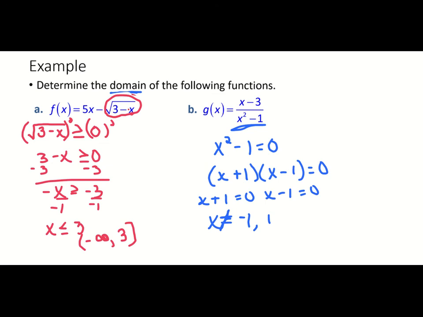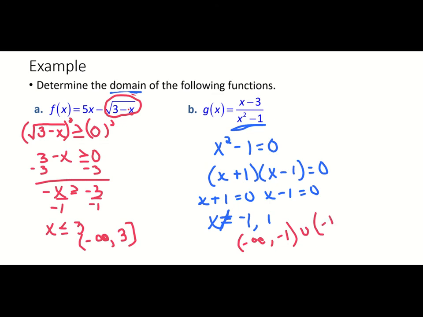Now, if they ask you to write this in interval notation, it's going to be a little tricky, but x cannot be negative 1 or 1. So it can be any number smaller than negative 1. So we can go negative infinity to negative 1. And we're going to put our union. We have to show it can be any number between negative 1 and 1.